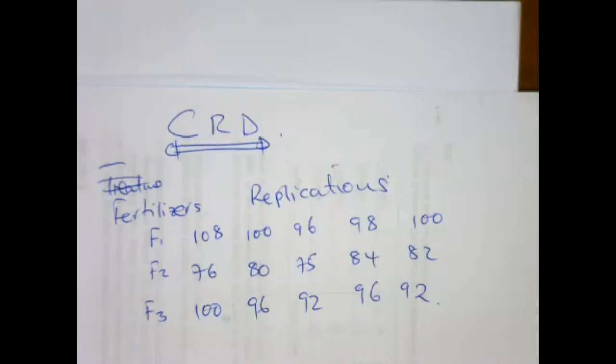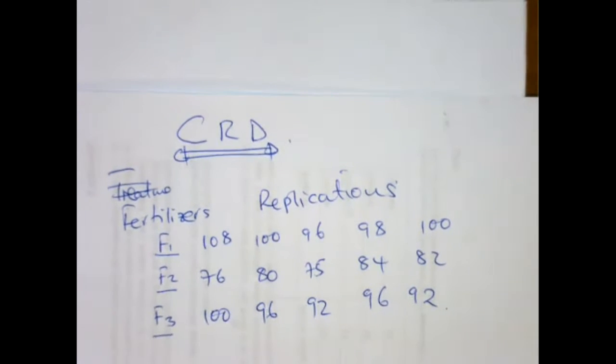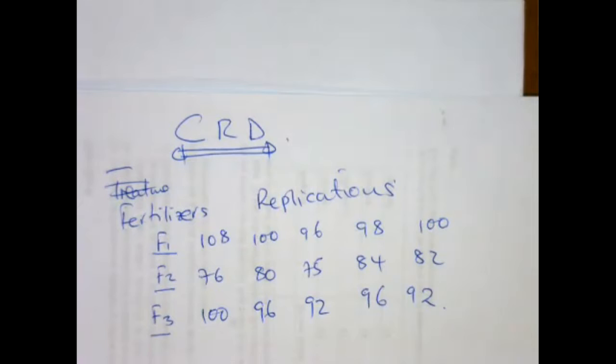So this particular hypothetical example refers to an experiment that was conducted to test the effect of different fertilization methods. We have different fertilizers, F1, F2, and F3. This experiment was to establish how fertilizer affects the yield of tomatoes, perhaps measured in grams.